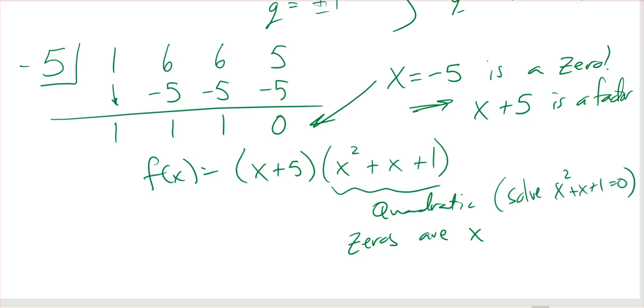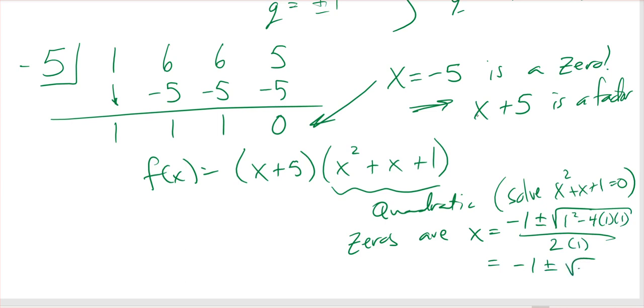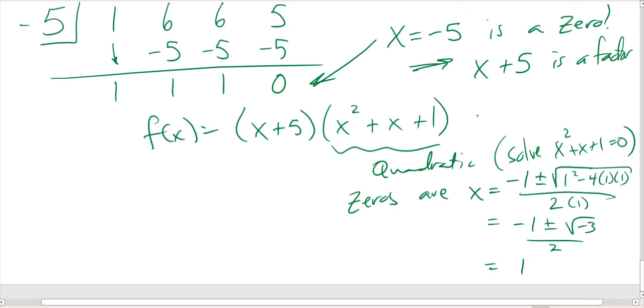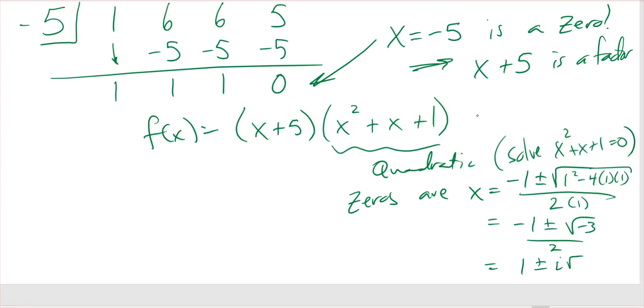So x is negative b plus or minus the square root of b squared minus 4 times a times c, over 2 times a. Reducing this, we get negative 1 plus or minus the square root of 1 minus 4, which is negative 3, so the square root of negative 3, over 2. That would be negative 1 plus or minus i times the square root of 3, over 2.